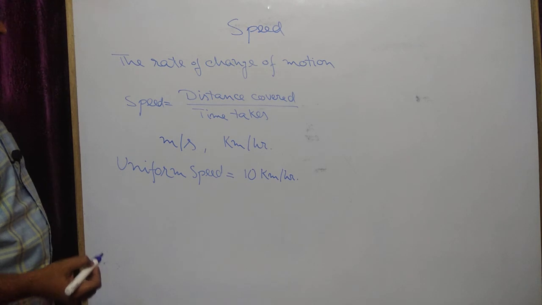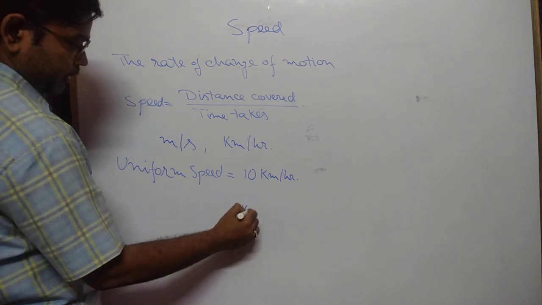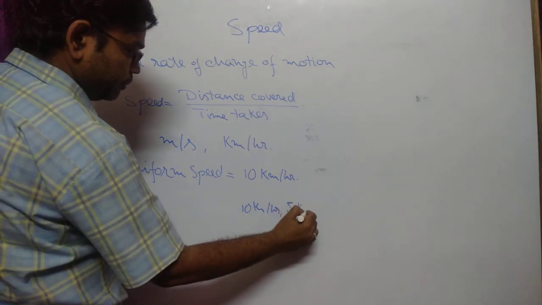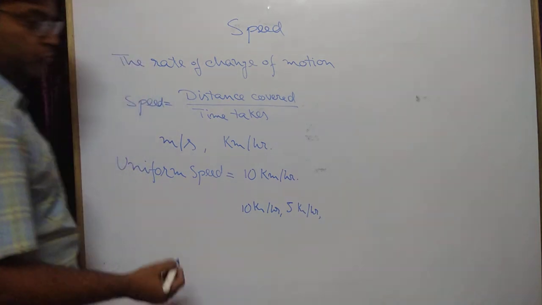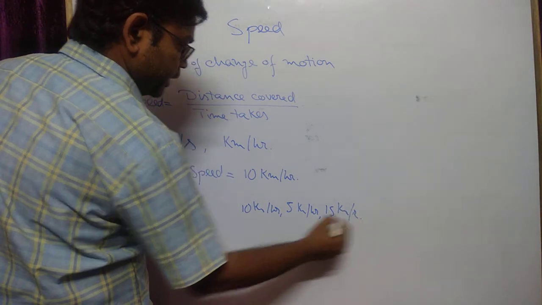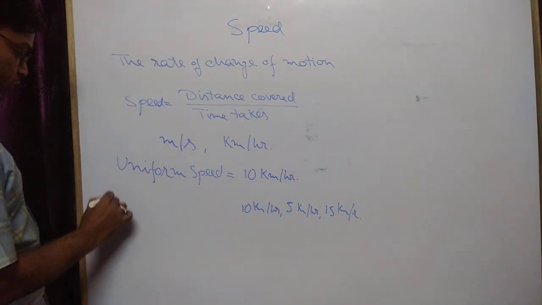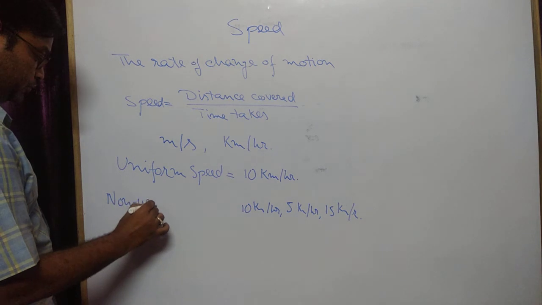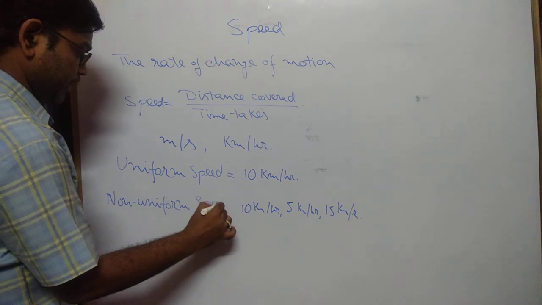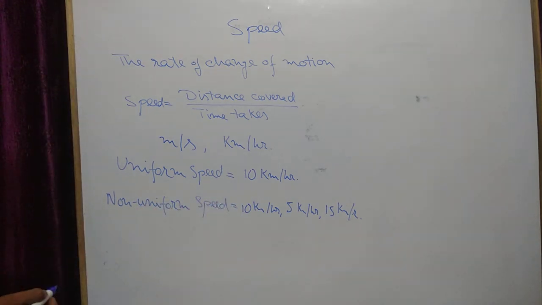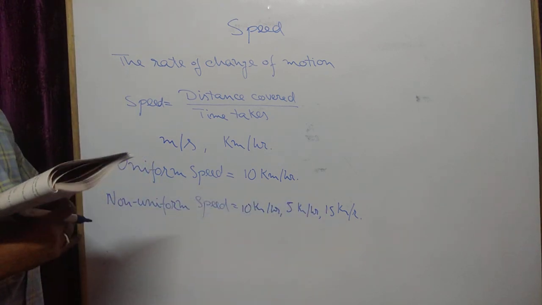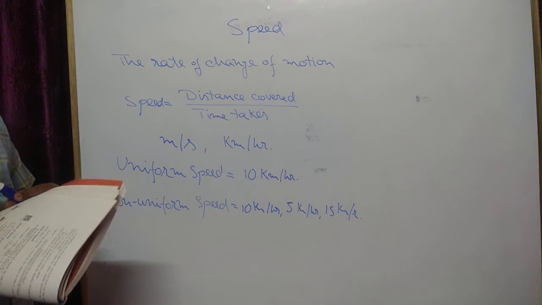But if a body moves first at 10 km per hour, then due to traffic changes to 5 km per hour, again gets a smooth road, changes to 15 km per hour, this type of speed is known as non-uniform speed. In uniform speed, speed is always the same. There is no change, no ups and downs. But in non-uniform speed, speed may vary.